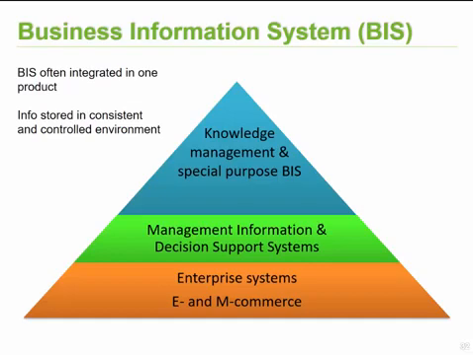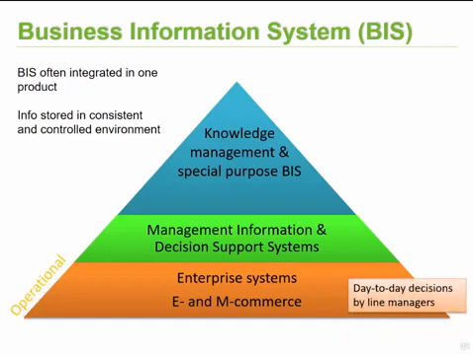If we look at the bottom layer, the types of decisions that take place here will be your operational decisions. These are your day-to-day decisions taken by your day-to-day managers, especially also your line managers. These are the people at the bottom of the pyramid that will handle most of the basic ordinary decisions in your company.